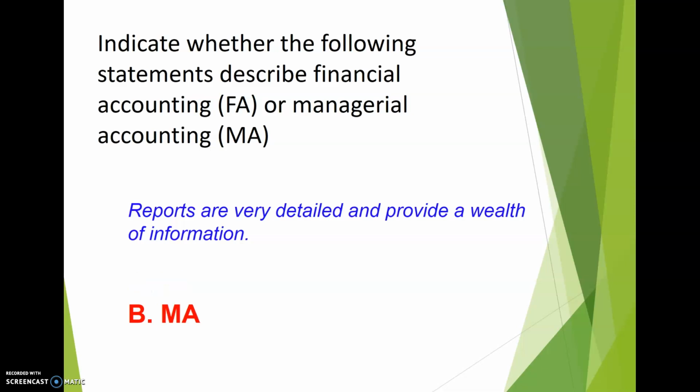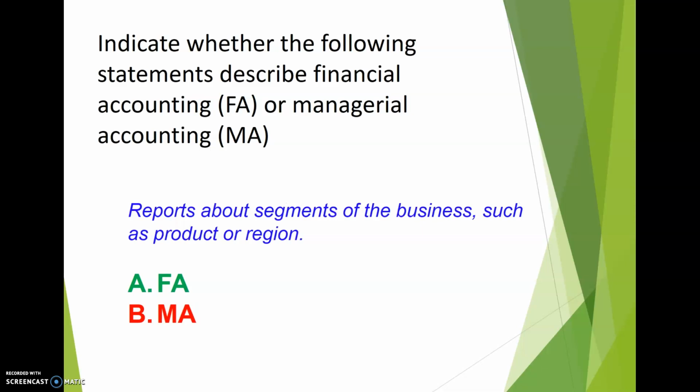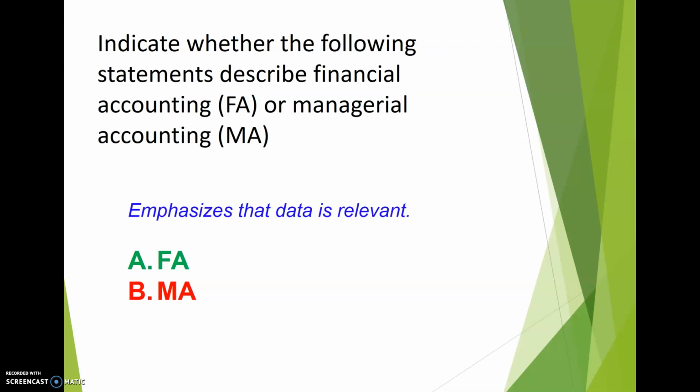That's managerial accounting. Which one reports about segments of the business, such as a product or a region? That's managerial accounting. Which one emphasizes that data is relevant? The emphasis in managerial accounting is relevance to the decision. Which one emphasizes that data is reliable and objective? That's financial accounting, because that's important to investors and creditors.